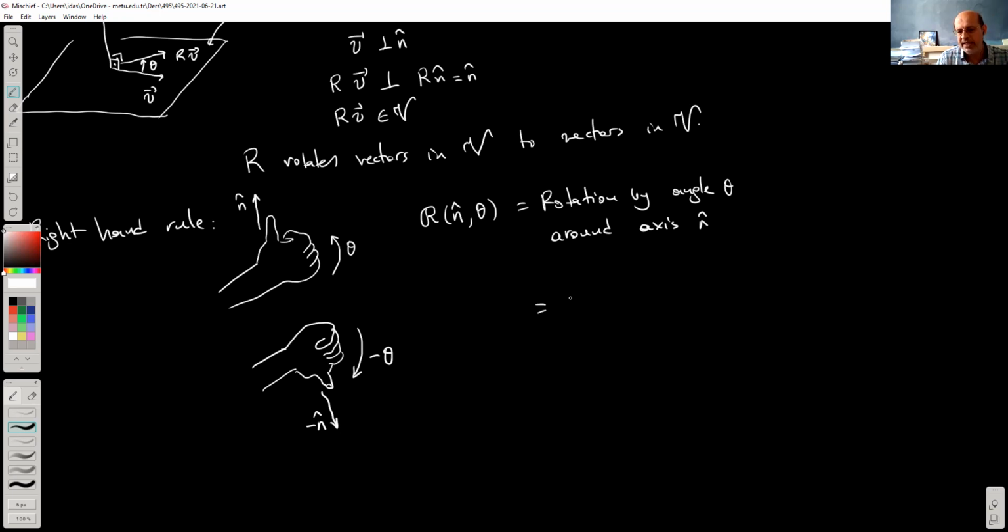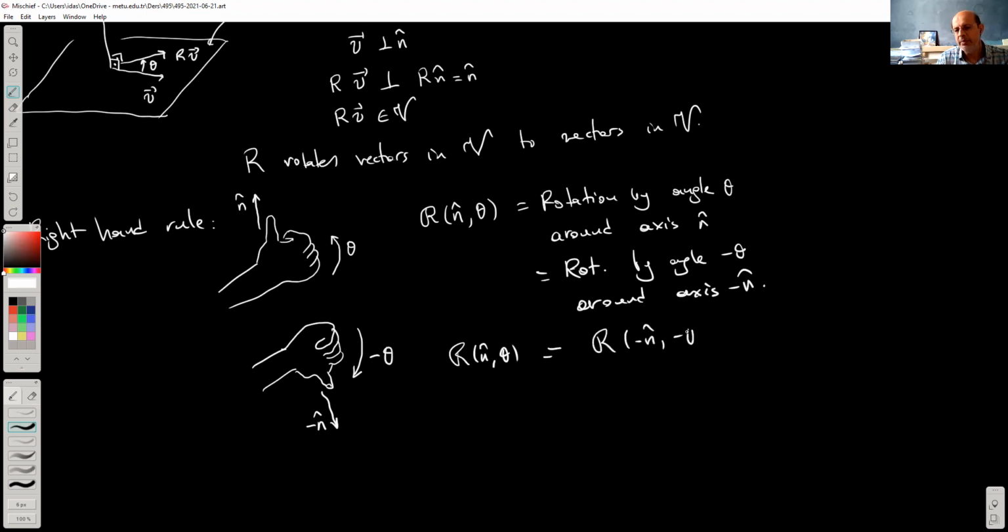So that's basically the same thing as a rotation by angle minus theta around axis minus m, right? So as a result, this rotation around m by theta is the same thing as rotation around minus m by minus theta.